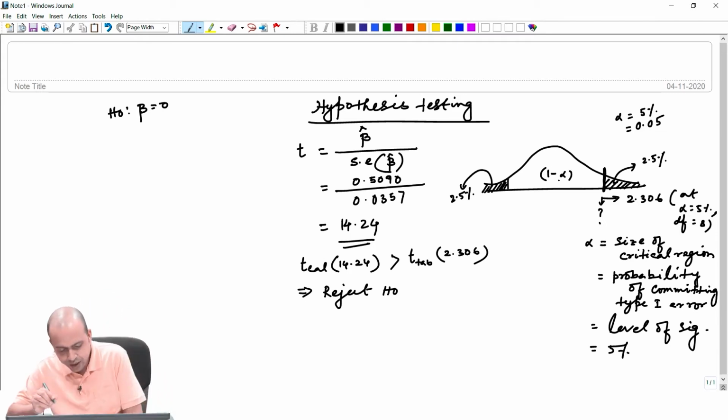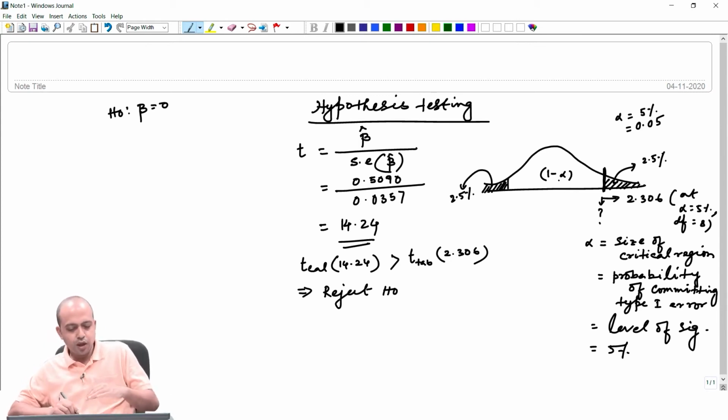Now, from this diagram, if you reject your H naught, then we can establish our claim that yes, income has significant impact on consumption. From the diagram, one thing is very clear: if a particular variable is significant at 5%, will it be significant at 10%?